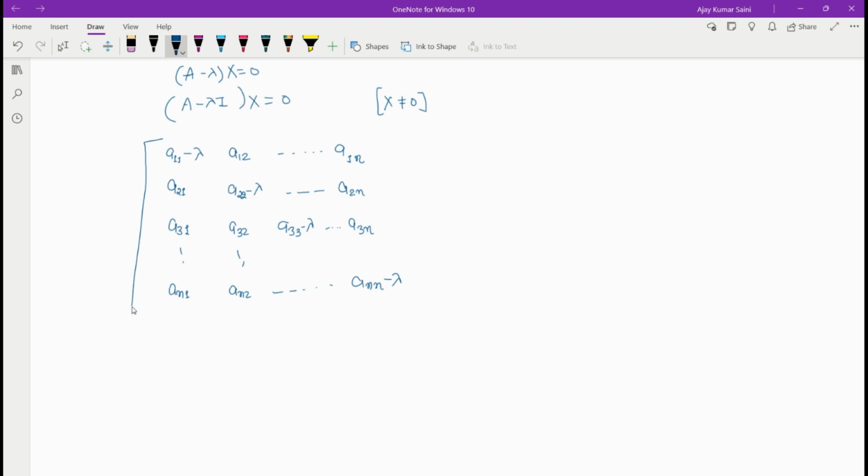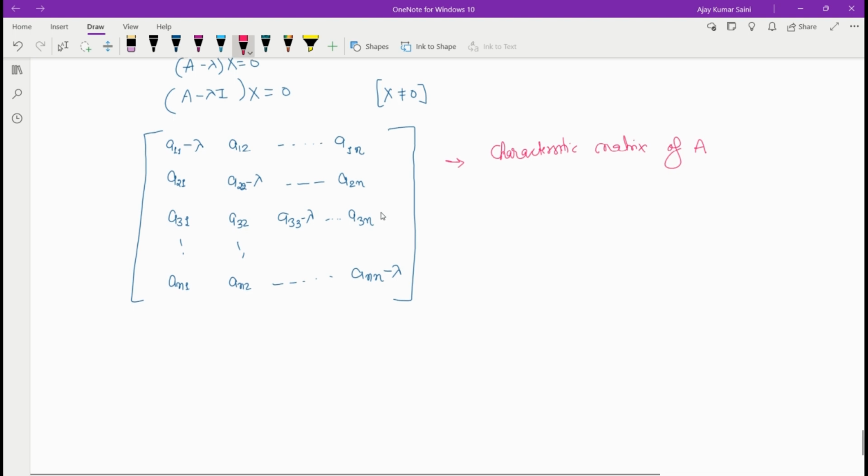Okay, so it is our matrix, and this is the characteristic matrix of A.